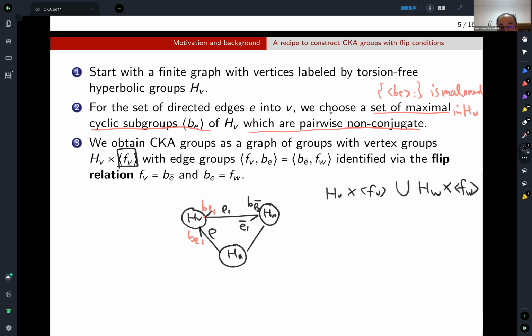For the edge groups we take the flip relation.